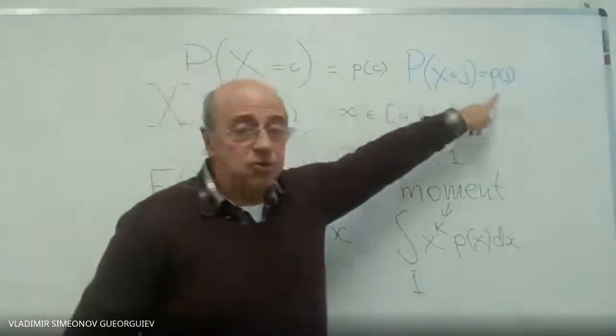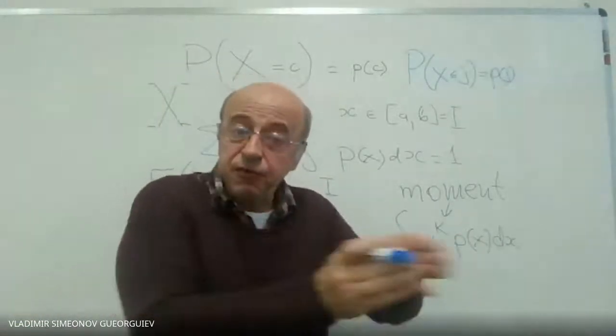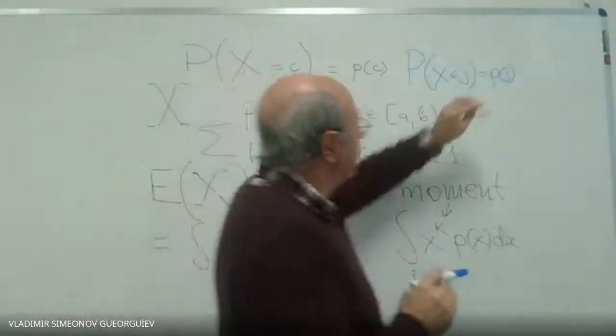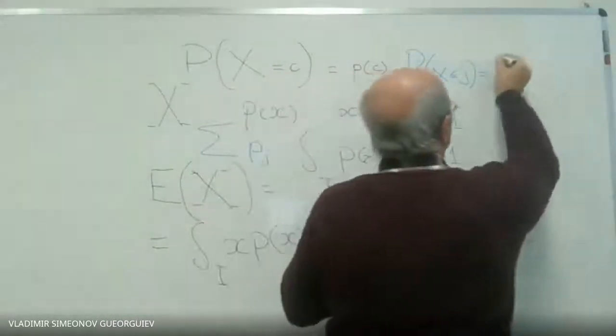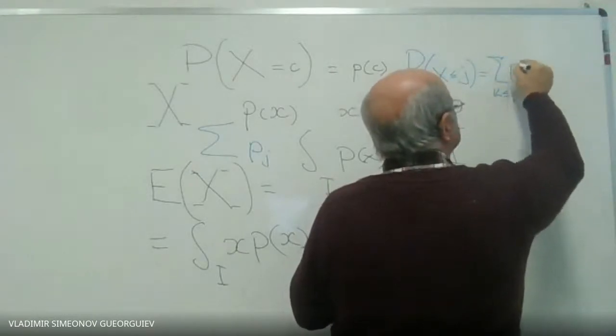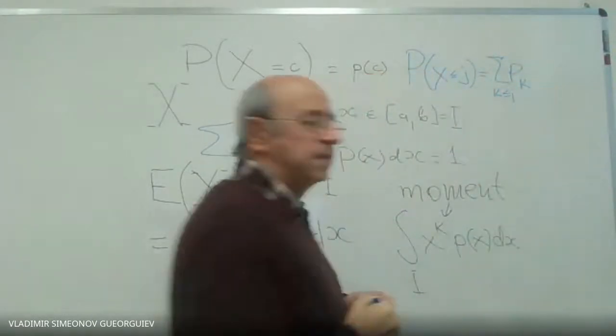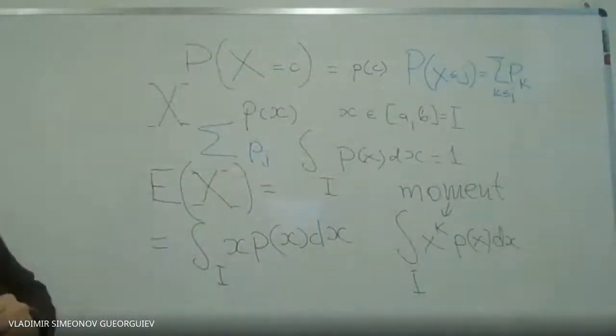We have to take not only Pj, but all P kappa that are before Pj. Therefore, we have to take the sum of all kappa smaller than j of P kappa, where P kappa has again the meaning of our probability density in the discrete case.